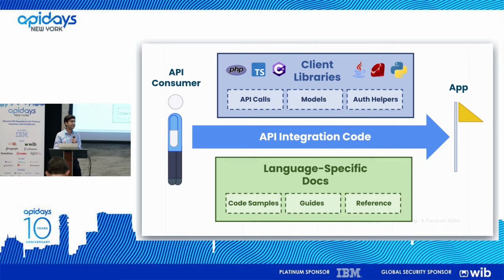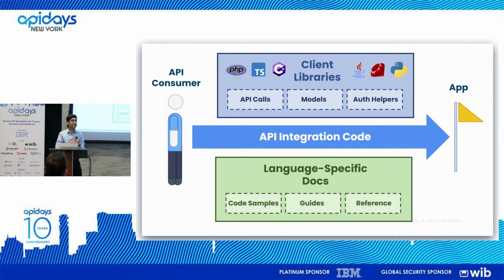Language-specific documentation is made up of guides that show how to use client libraries, and it also has an API reference so that you can explore what endpoints exist and how I can write code in my application for those endpoints. And it also has some copy-ready code samples that you can copy and pull into your application so that you can call that API.